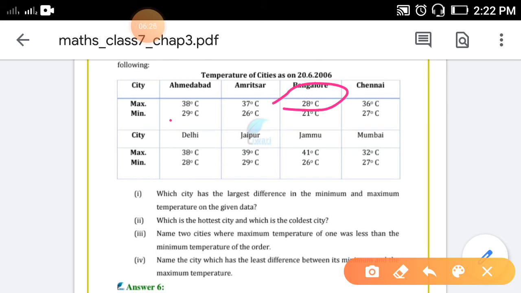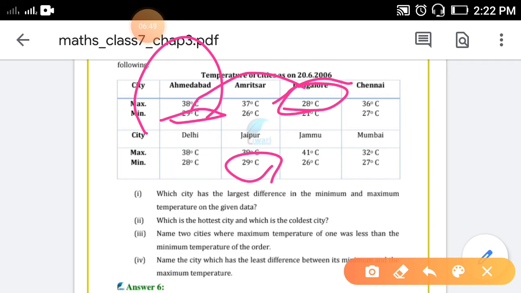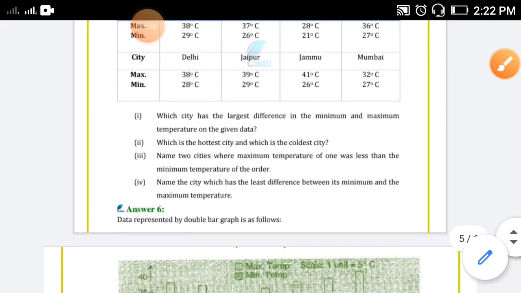What is the minimum temperature of Ahmedabad? 29, which is greater than Bangalore's. Actually, this 28 is the maximum of Bangalore, whereas 29, which is greater than 28, is the minimum of Ahmedabad. Same way, 29 is the minimum temperature of Jaipur, whereas 28, which is less than 29, is the maximum temperature of Bangalore.